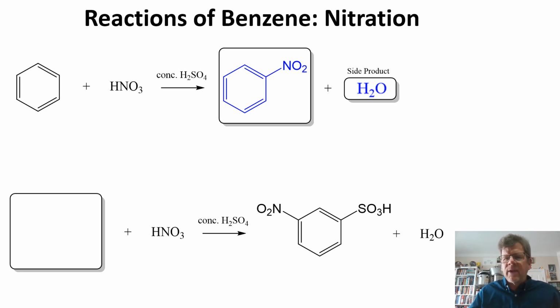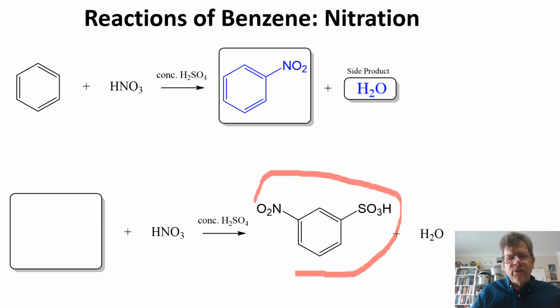The one on the bottom is sort of interesting because we have to be careful to look at what, when we have a starting material as a what's in the box, what was that starting material? Look at this product right here. We have two things attached to it. And we have to be able to say, well, what was the starting material?